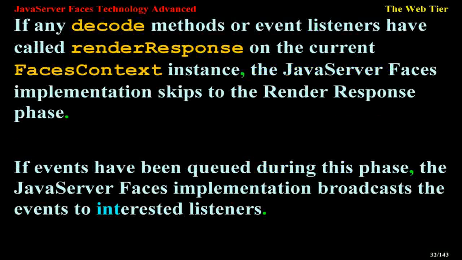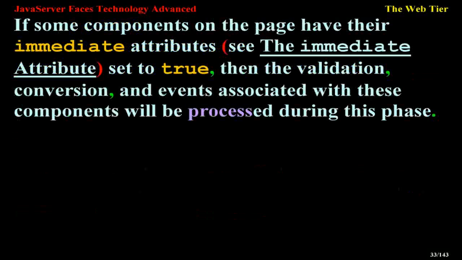If events have been queued during this phase, the JavaServer Faces implementation broadcasts the events to interested listeners. If some components on the page have their immediate attributes set to true, then the validation, conversion, and events associated with these components will be processed during this phase.